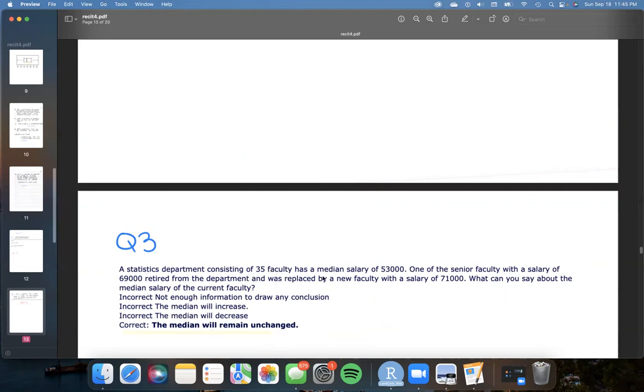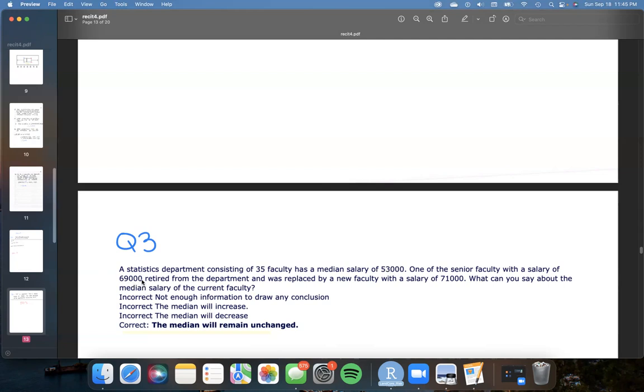let's see, the median is 53,000 and a senior faculty, so previously, someone had 69,000 and then was replaced by 71,000. But notice that 69,000 is already greater than the median.